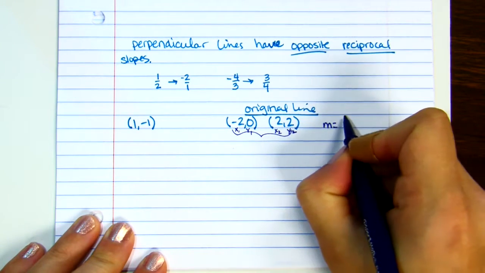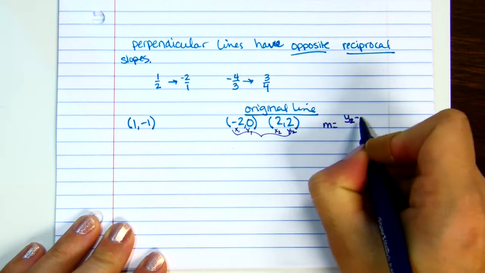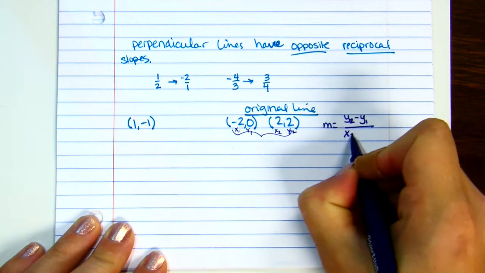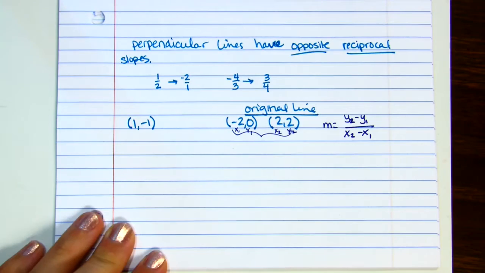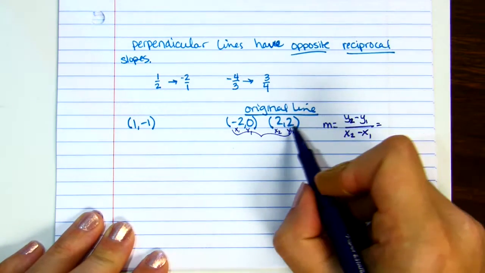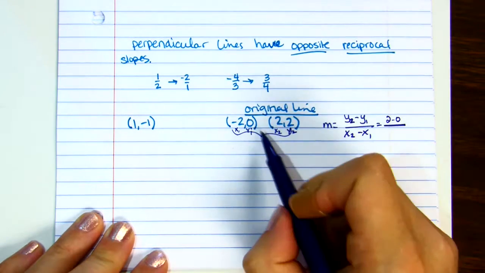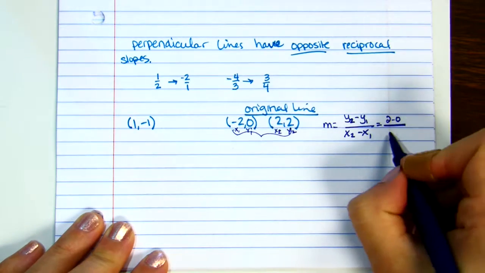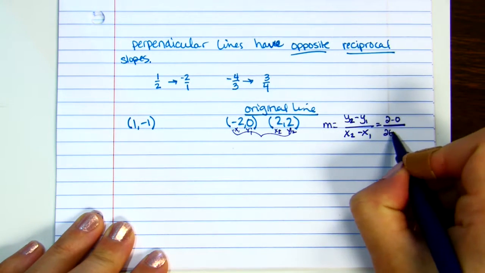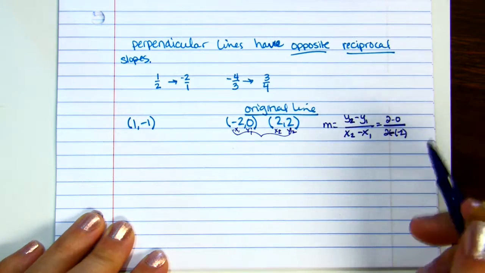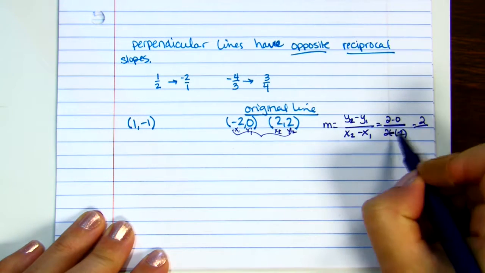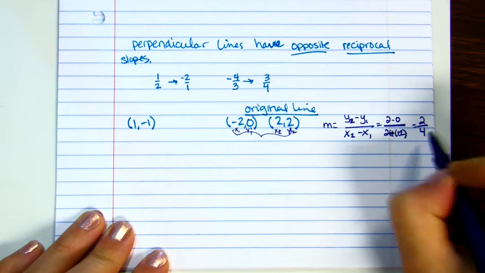My slope formula: y2 minus y1 over x2 minus x1. So 2 minus 0 over 2 minus -2. 2 minus -2. That will be 2 over 2 plus 2, which is 4.